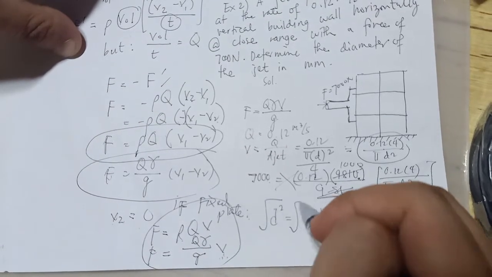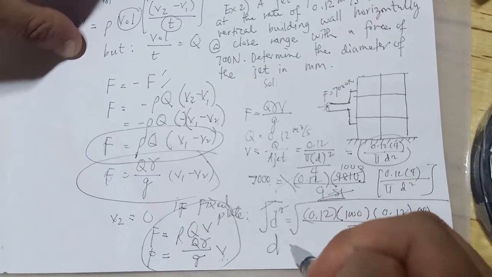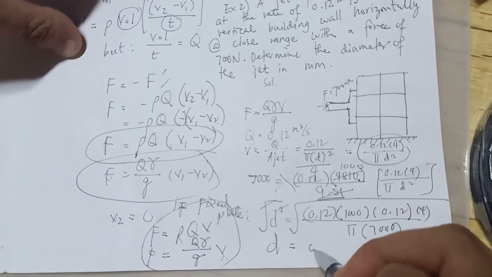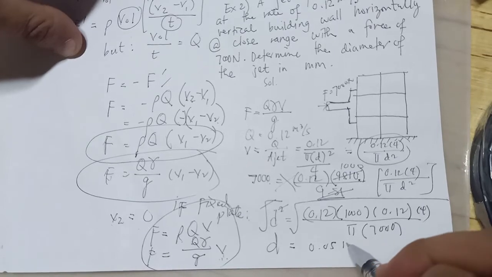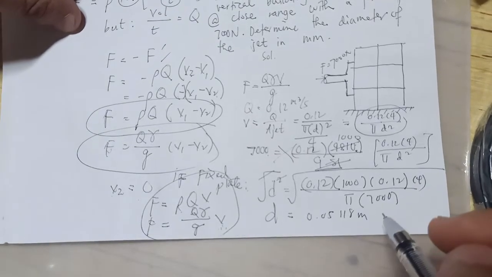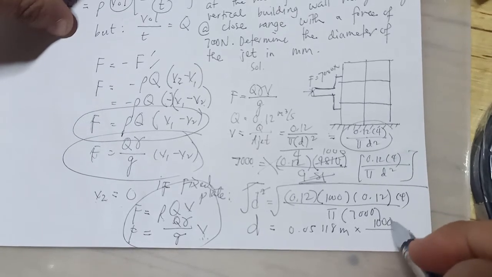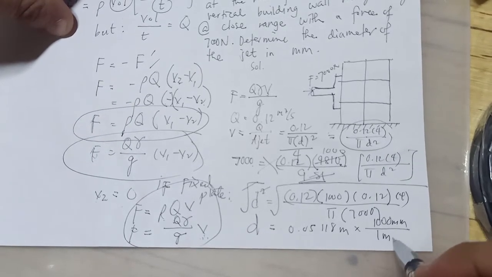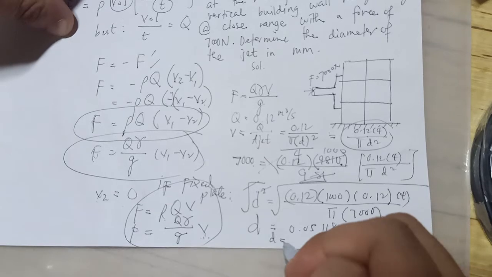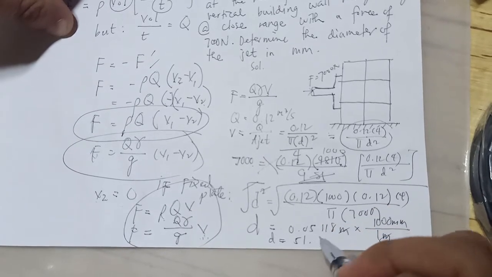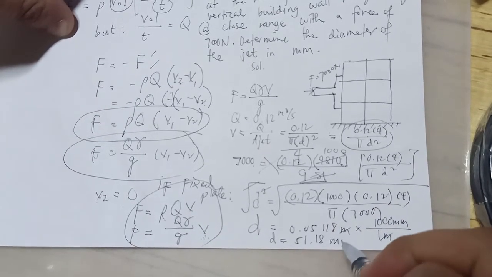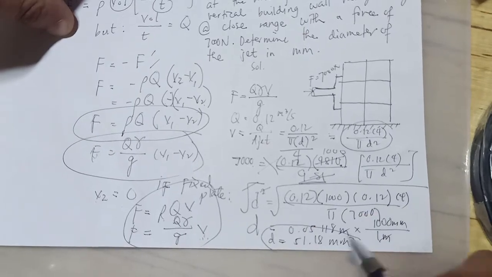So square root both sides. So our D, or diameter, is 0.05118 meter. So times natin to sa 1,000 millimeter over 1 meter, cancel ang meter. So our final answer is 51.18 millimeter. So this is the answer.